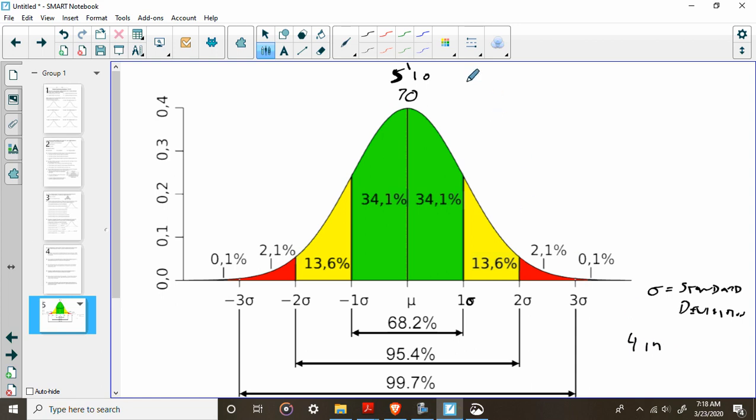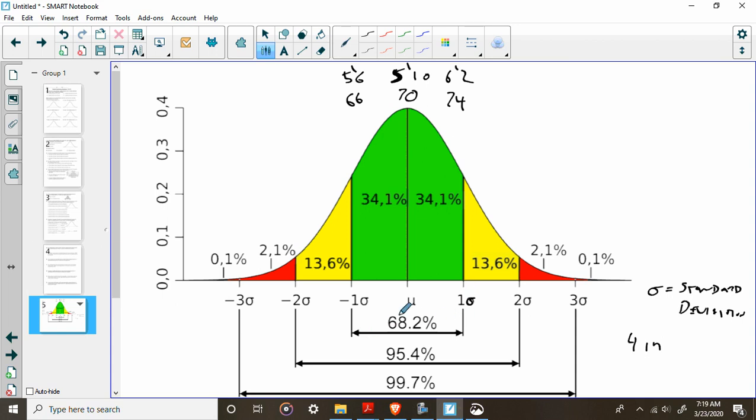So what does that mean? This is going to be about 74 inches, which is 6'2". And below would be 66 inches, which would make about 5'6". What this is saying is that if we put this 34.1% and this 34.1% together, then we would have about 68.2% of people.